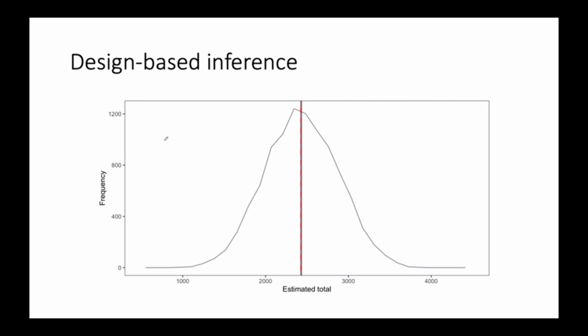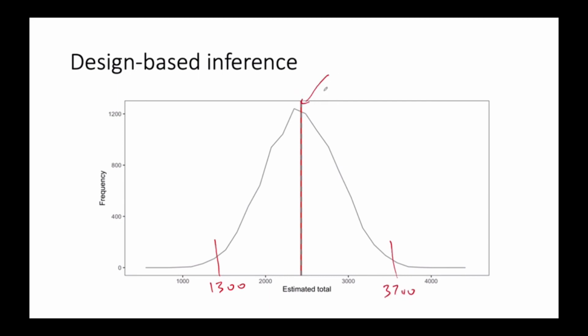Here I've made many random samples, and for each random sample, worked out the estimated total. The histogram plots the distribution of the estimated totals over 5,000 random samples, and you'll see that most of our estimated totals lie between 1,300 and something like 3,700.